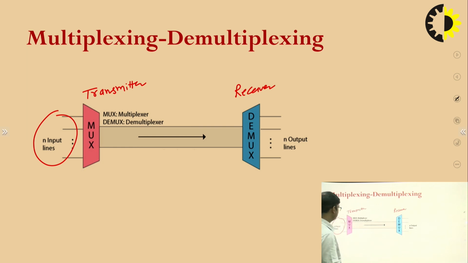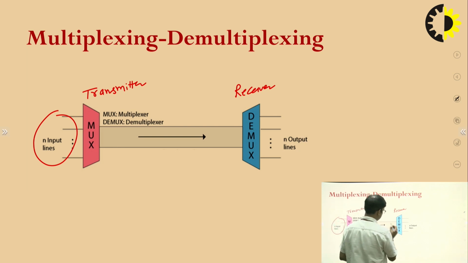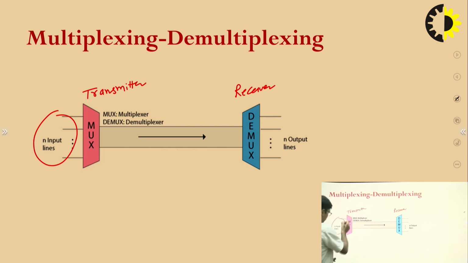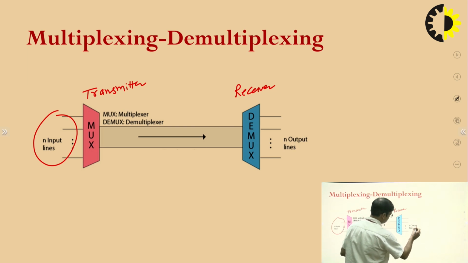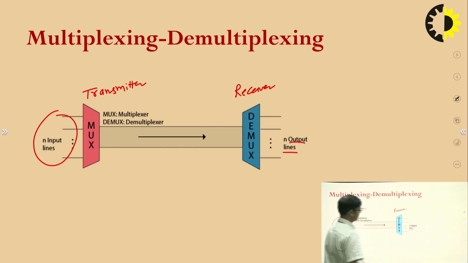At the receiver end, we have a demultiplexer in which the data values corresponding to different input lines are separated and sent to different output lines. So, the function of the multiplexer is many to one, and the function of the demultiplexer is one to many. Many lines to one line, and here one line to many lines.